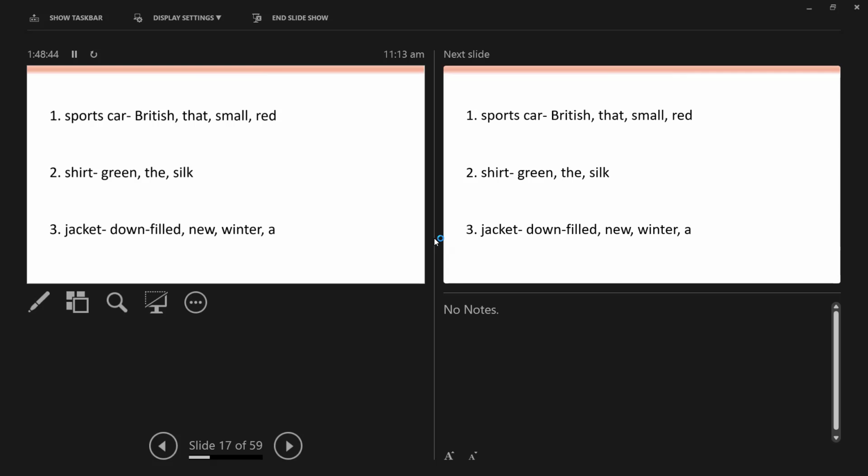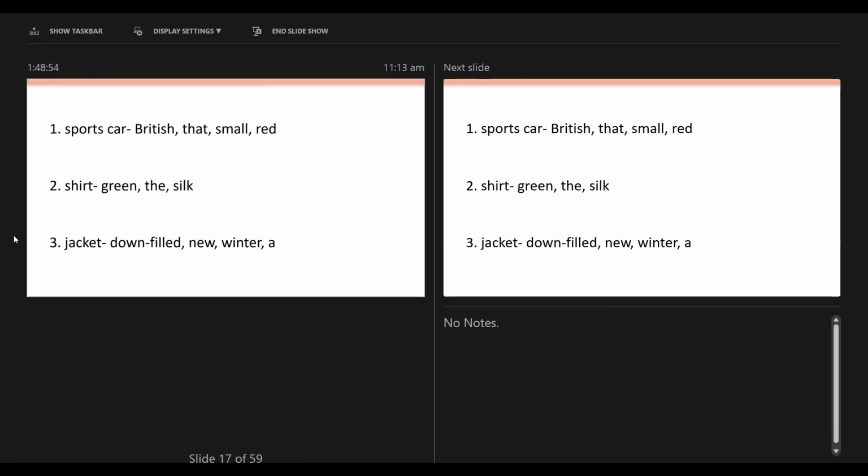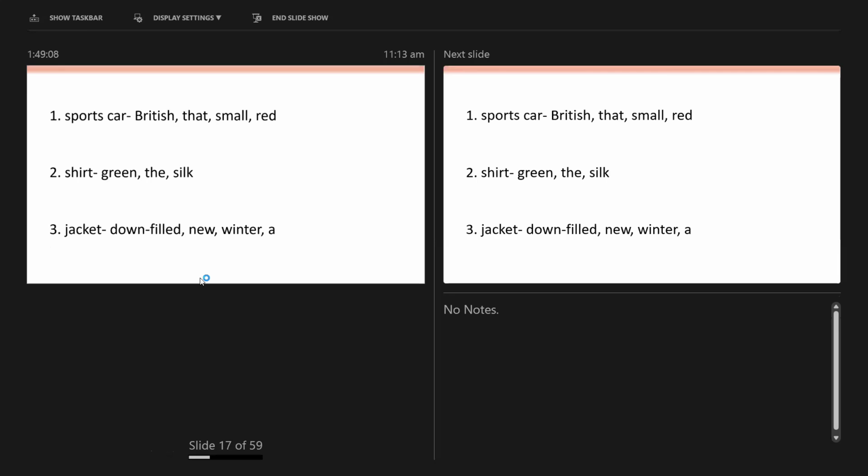There, okay. Number 1, pakisagutan. Sino gustong mag-answer? You will arrange it to the right order of adjectives in a sentence.